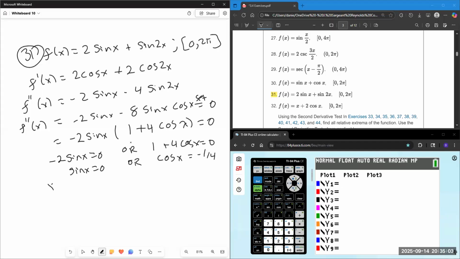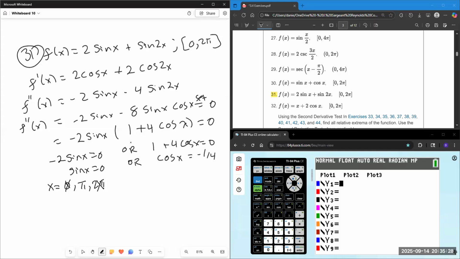So x is equal to a value of 0 or pi or 2 pi, since these endpoints are included. But I really don't want the endpoints. My point of inflection needs to be in the middle of the graph. So I'm only interested in pi there.